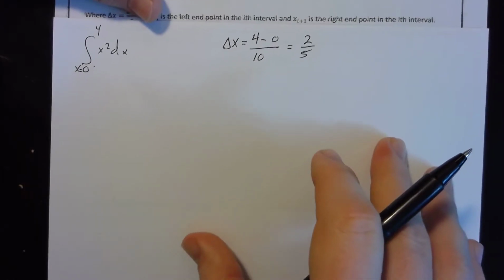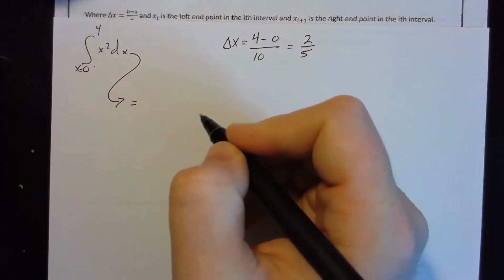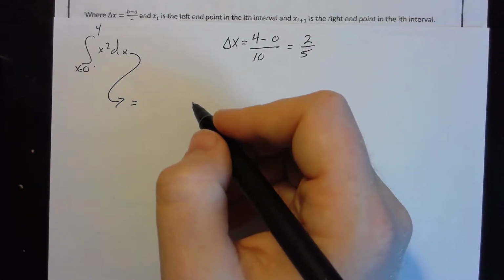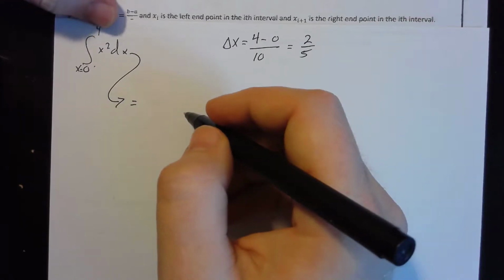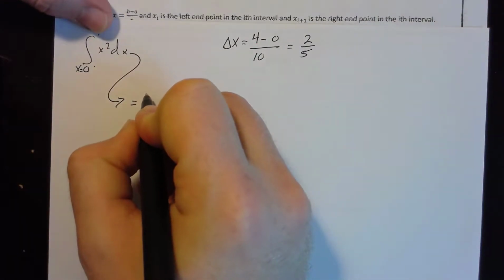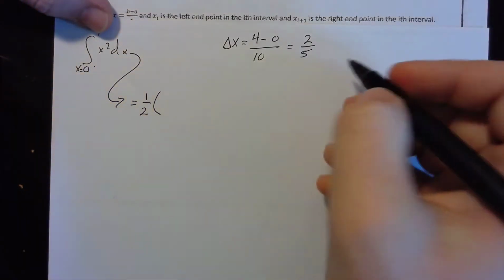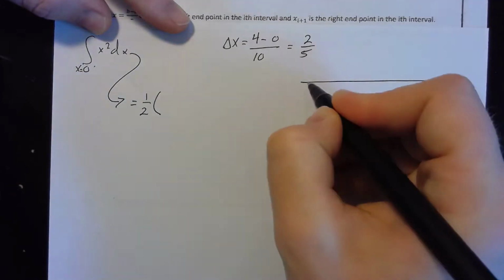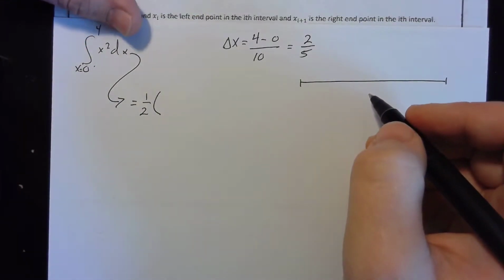I'm also going to try and simplify this set of values to make our life a little bit easier. So I'm going to start writing out the first couple of terms, and hopefully you'll be able to see something. The first term is, one more time, 1/2 multiplied by... I have to figure out my number line setup, because in this case I want to avoid drawing out as many trapezoids as possible.